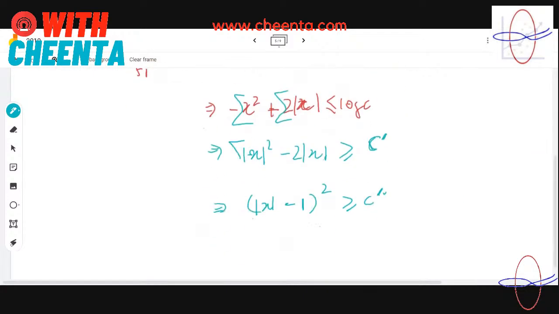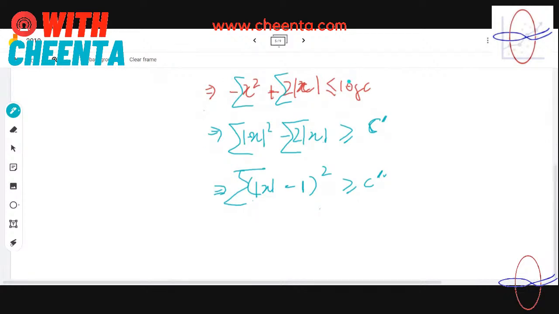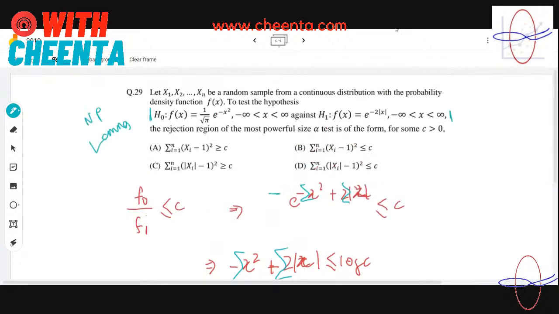So it will be the summation of this. Perfect. So therefore you get the summation of (mod xi minus 1) whole square is greater than or equal to some k. That's what you get.